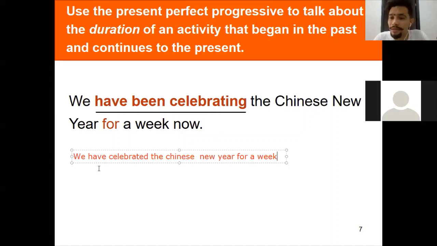But how about the second sentence? What does it tell you? What can you understand in the second sentence? We have celebrated the Chinese New Year for a week. What does it tell you guys?